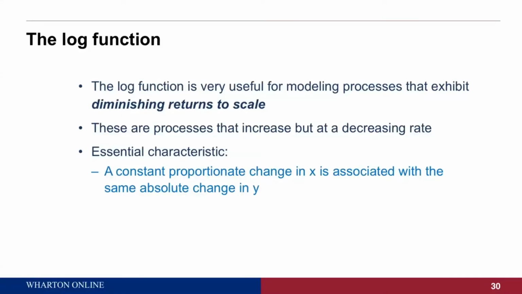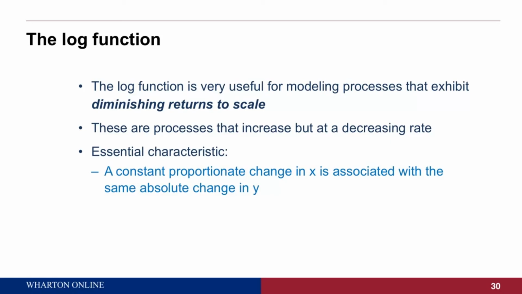From a mathematical process point of view, we think about the log function as increasing but at a decreasing rate. Now, as I said, all of these functions that I'm introducing have essential characteristics, and the essential characteristic of the log function is that a constant proportionate change in x is associated with the same absolute change in y.